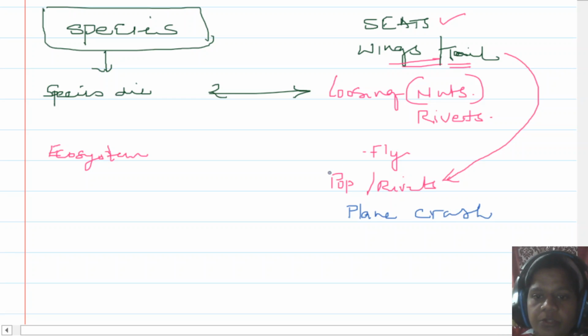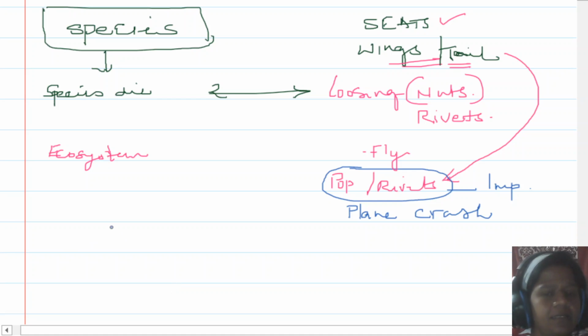Why? Because those rivets are important to it, right? If we take the ecosystem, some of the species sometimes, it carries on, it will still be a functional ecosystem. But there are some critical species in that ecosystem.